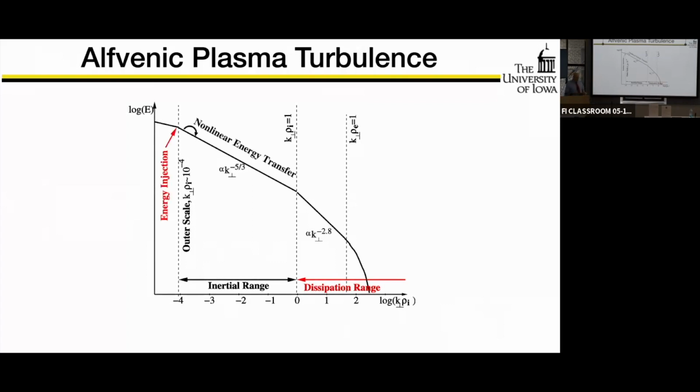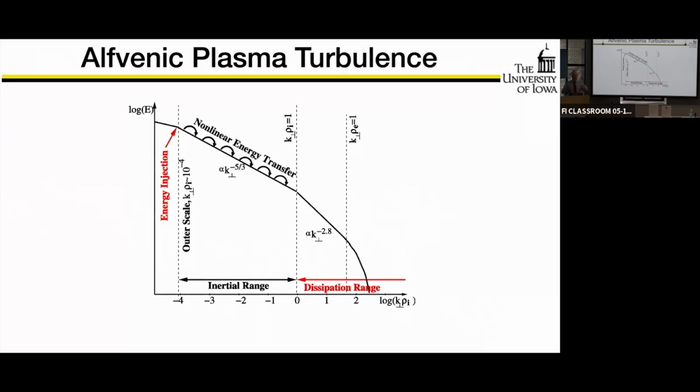What happens is that at this largest scale, something injects energy into the turbulence. So, if you're doing a turbulence simulation, you drive it at the largest scales, those fluctuations interact and they transfer energy successively to smaller scales. So these nonlinear interactions transfer energy scale by scale in sort of a local energy transfer to smaller scales. And through this whole inertial range here, there's no loss of energy.